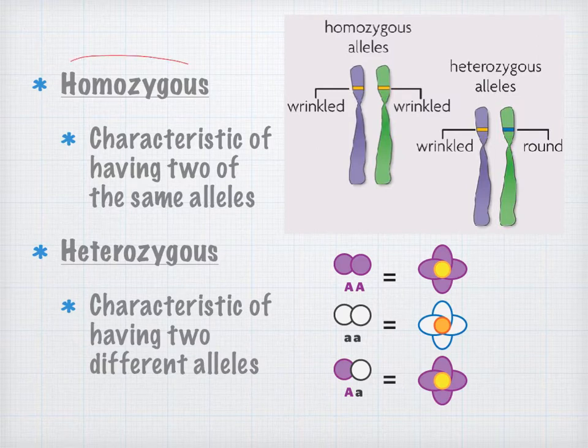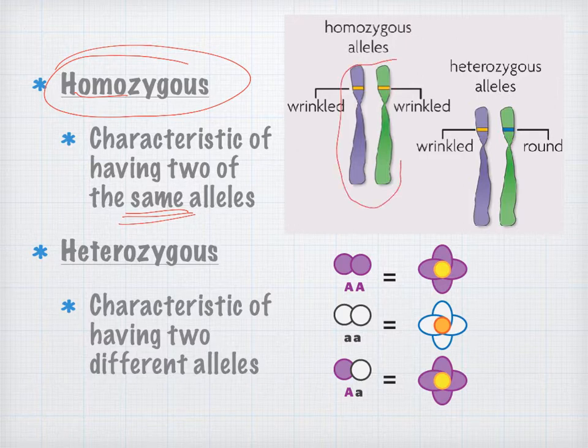A homozygous genotype is characterized by having two of the same alleles. Homo means same, zygous refers to the chromosomes you're inheriting. So these guys would be homozygous alleles. One came from the mom, one came from the dad, and both of these alleles right here carry the gene for wrinkled pea pods.